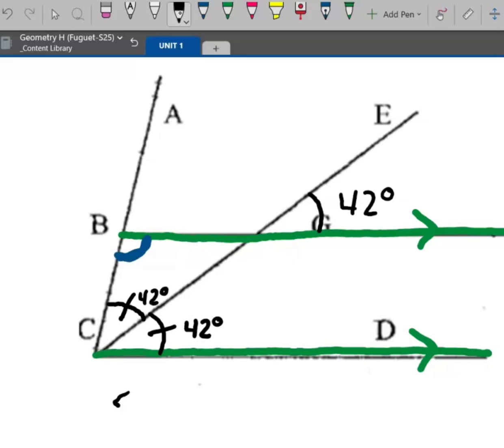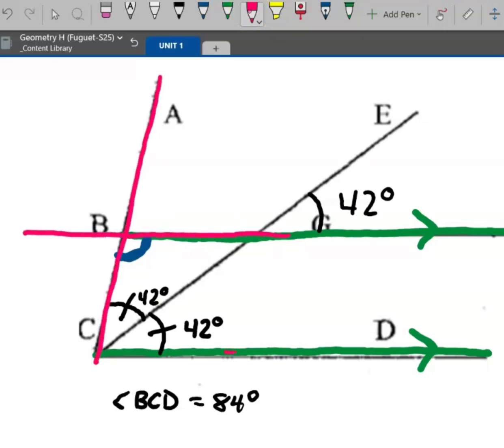Just remember, that means collectively that angle BCD together is 84. That's going to be important because now we have a number that we can use on our next transversal. So the transversal AC, the parallel line BF, and I'll extend it out a little bit, and the parallel line CD. When we look at all that information once again in pink, we see that this entire angle connecting the transversal to the parallel line is going to be 84 degrees.